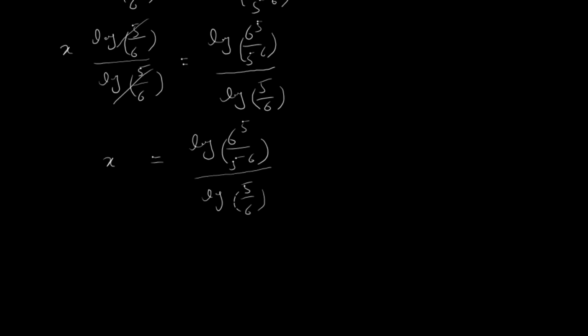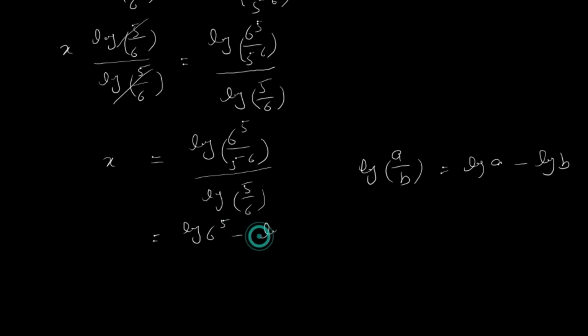Moreover, it can be simplified. Here we will again apply a log rule: log of a divided by b can be written as log of a minus log of b. Applying this rule here: log of 6^5 minus log of 5^6, divided by log of 5 minus log of 6.